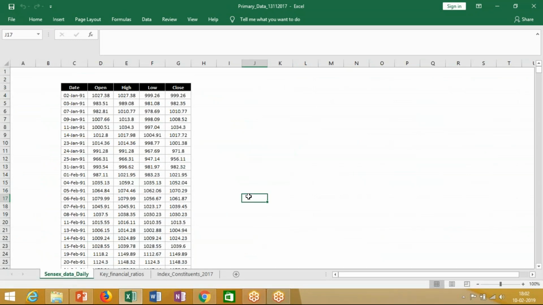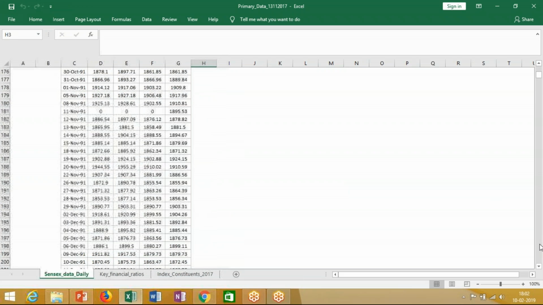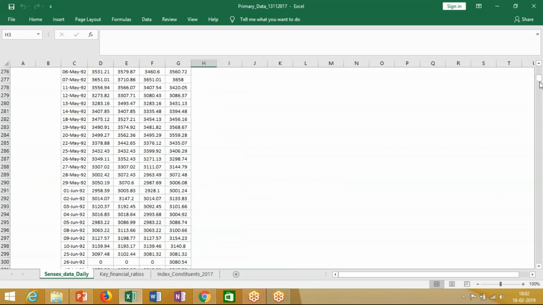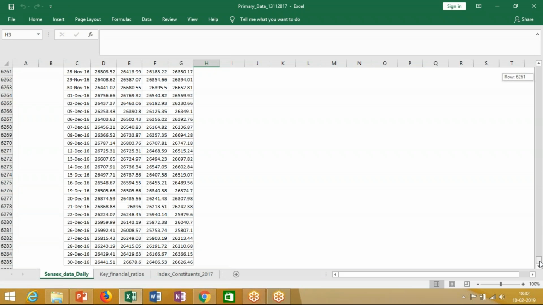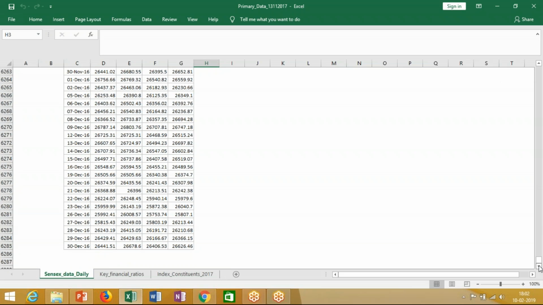Let's say this is the Sensex data. So I have the open, high, low, and close prices. Let me compute the returns for this, and let me see what the distribution looks like over here. I have the data from 1991 to 2016.